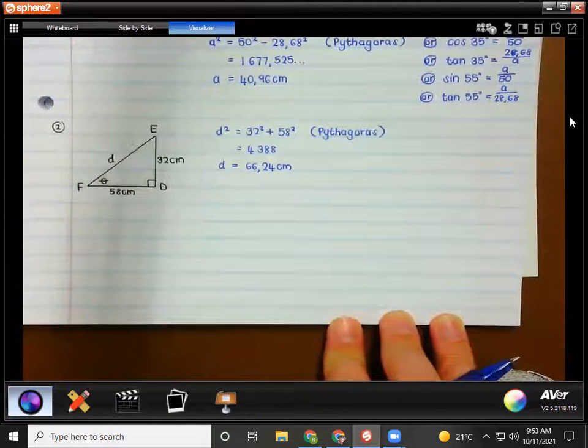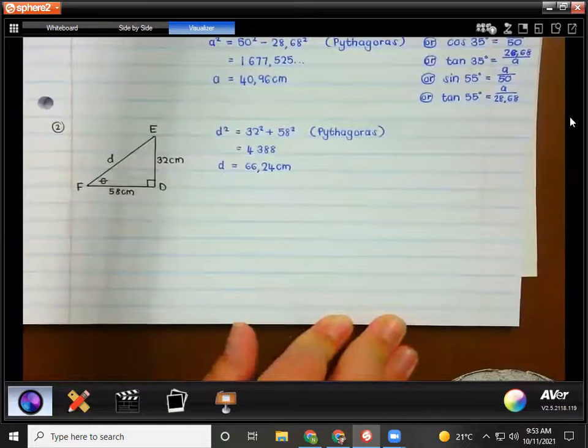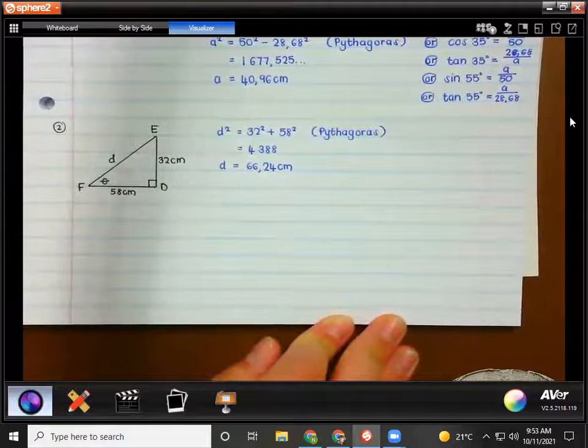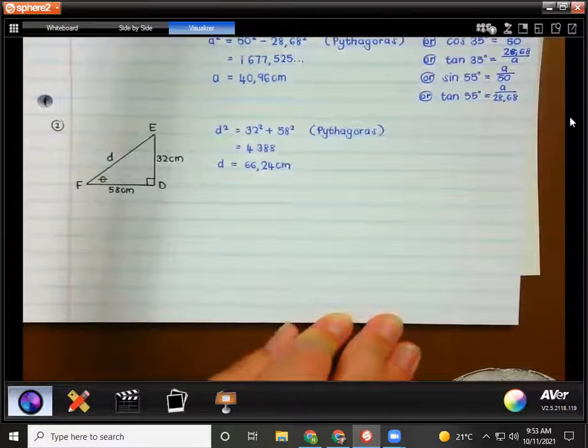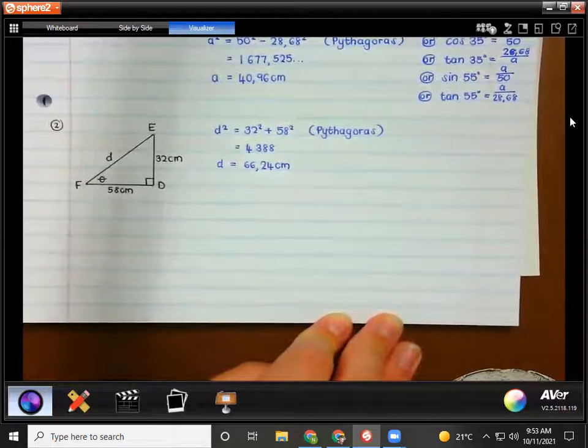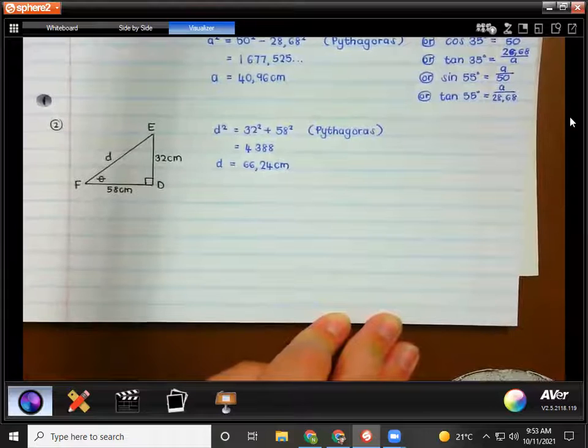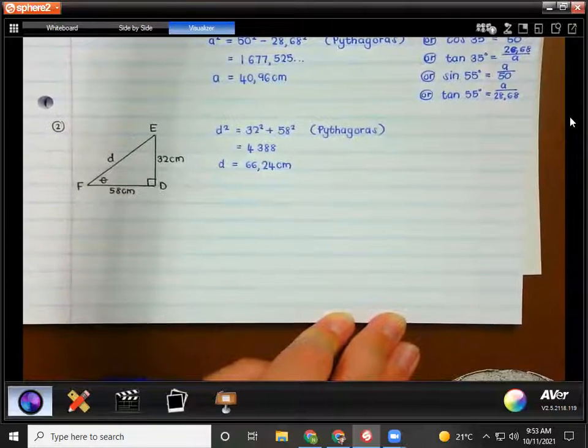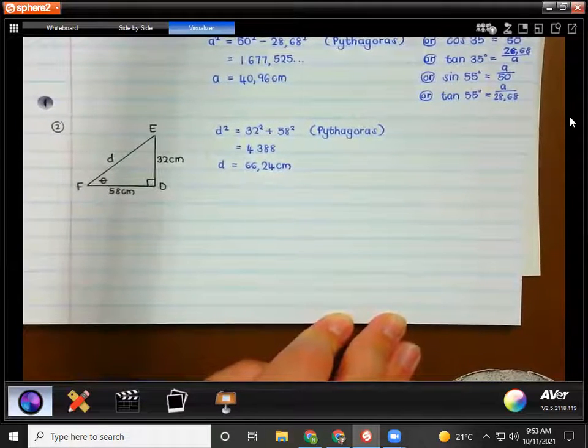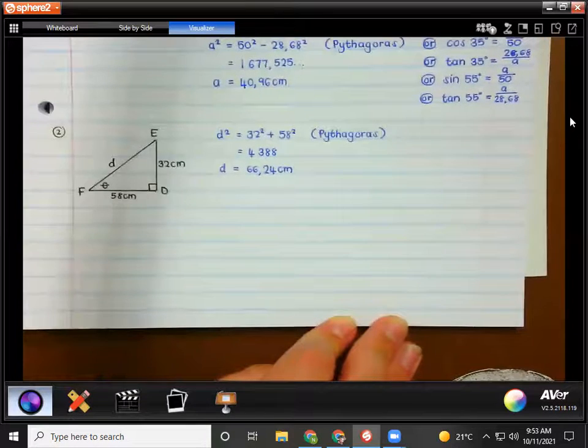That's what I got, 66.24. Anyone else? Because it is the hypotenuse, you're going to have to add the other 2 together. Sorry, stumbling over my words there. So you have to say 32 squared plus 58 squared, or the other way around. It doesn't matter what order you add them in.